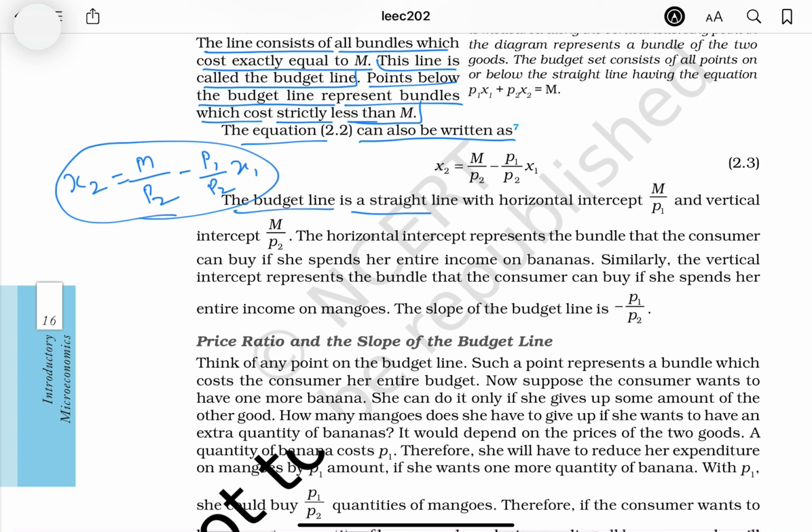The budget line is a straight line with horizontal intercept M divided by P1 and vertical intercept M divided by P2.